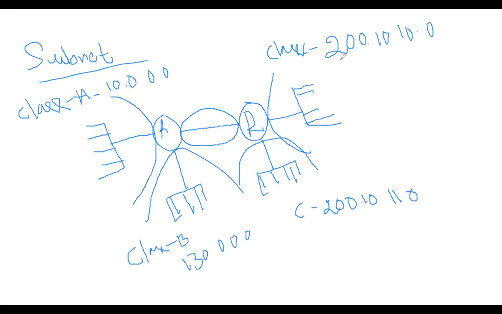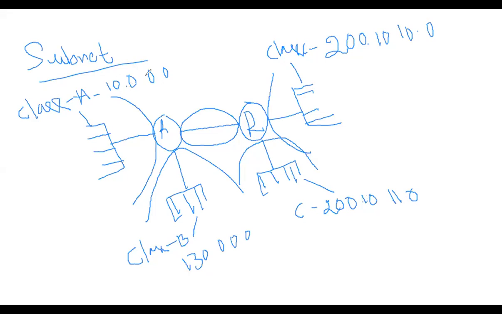See, 200.10.10.0 is there, and 200.10.11.0 is there, so the IP addresses are not at all the same. So the network ID is class A for this interface, class B for this interface, class C for this interface, and class C for the same interface.